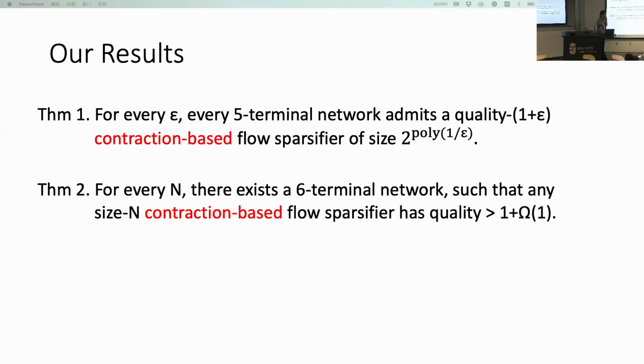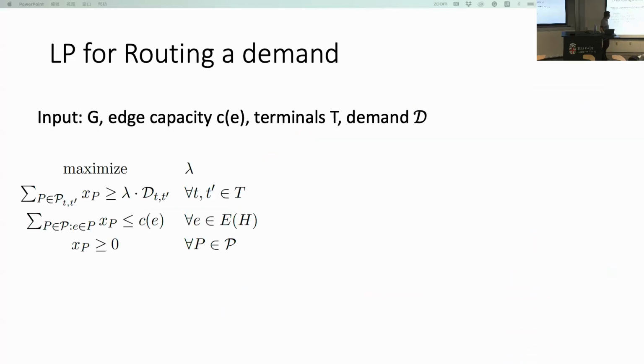Okay. So I'll start by describing the approach of proving those two theorems. Let's look at the congestion of routing a demand. It can be computed by a linear program. Recall that congestion is the amount we have to inflate our edge capacity in order to accommodate such a flow.